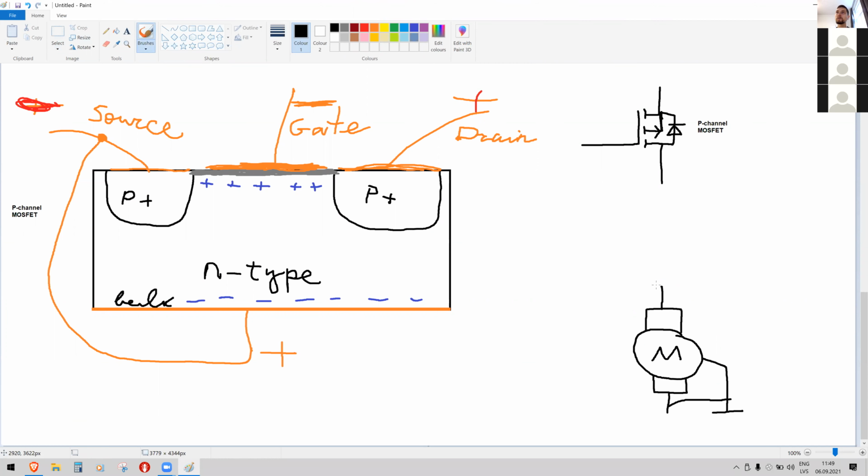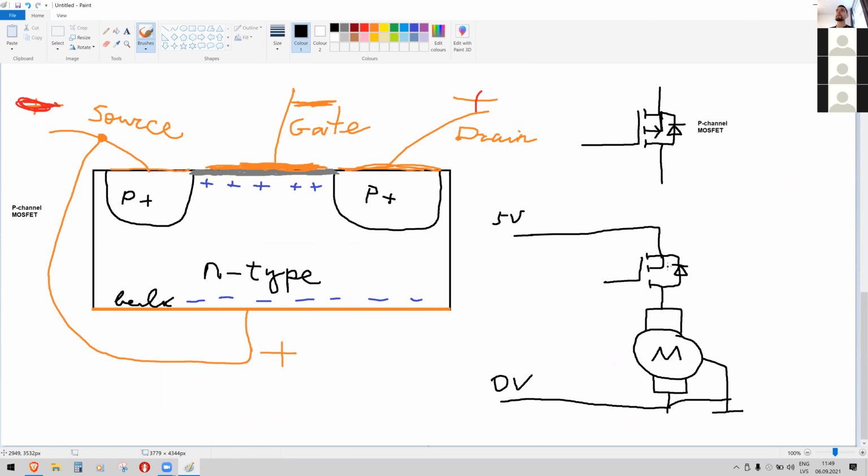So P-channel MOSFET has to be connected in the upper part of the load, like this, body diode going here. And here I will connect my 5 volts. And here is 0 volts.